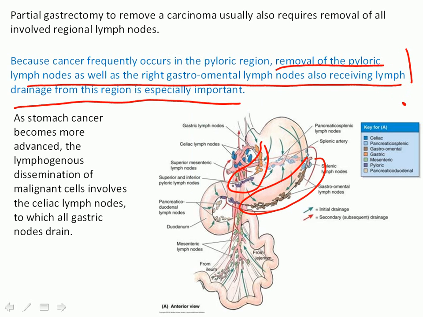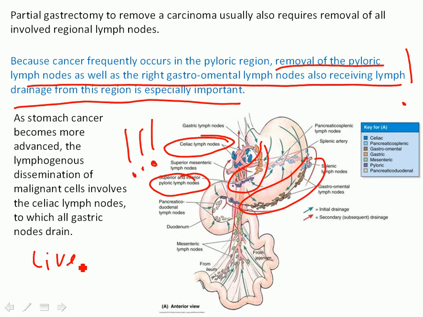Stomach cancer is quite frequently diagnosed pretty late, and when it becomes more advanced, the lymphogenous dissemination of malignant cells involves celiac nodes to which all gastric nodes drain, and usually this has, as I said, pretty serious consequences. Later, metastases of gastric carcinomas could be found in the liver and sometimes in other locations, including the thoracic cavity, lungs, and even brain in some cases.